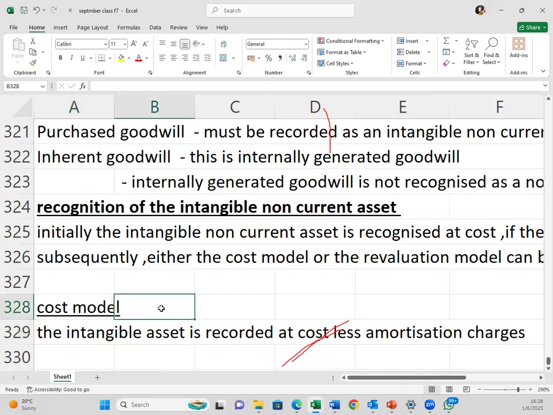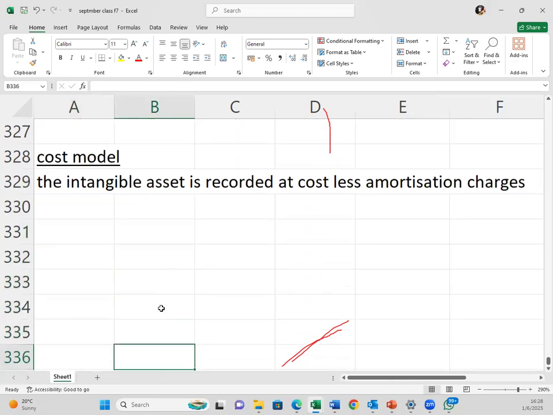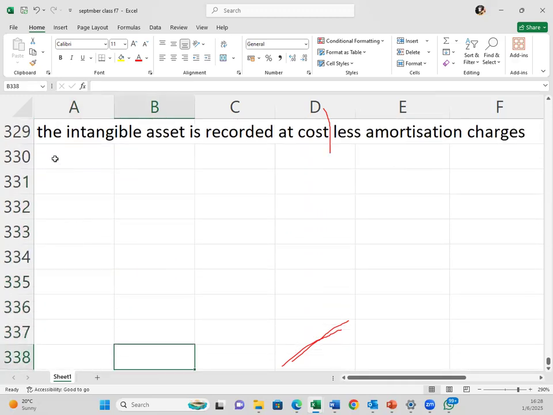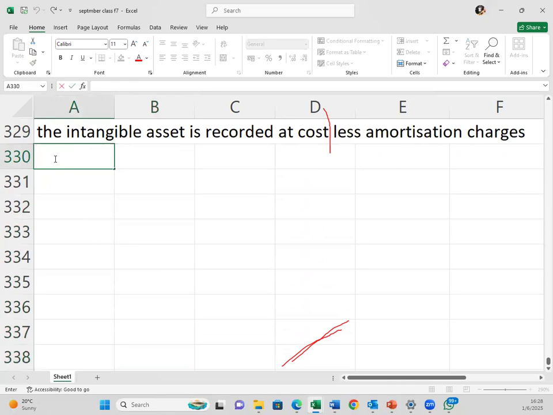What is amortization? Amortization is equivalent to depreciation of tangible non-current assets. Tangible non-current assets lose value, and we allocate depreciation over their useful life. But for intangible non-current assets, we amortize them.